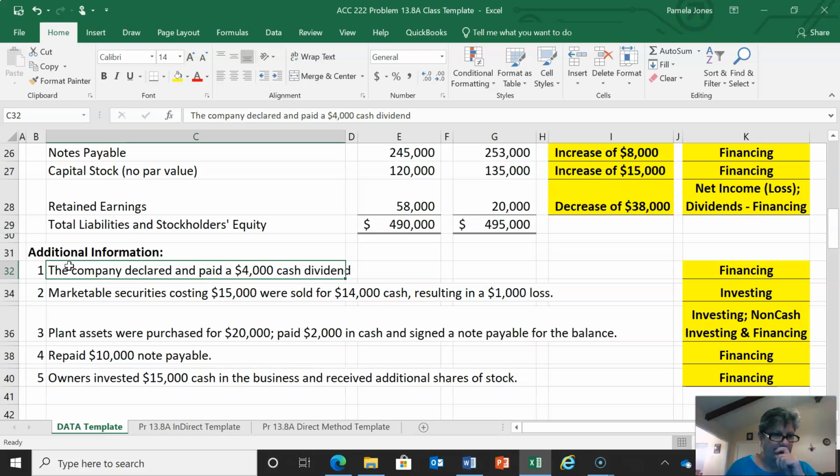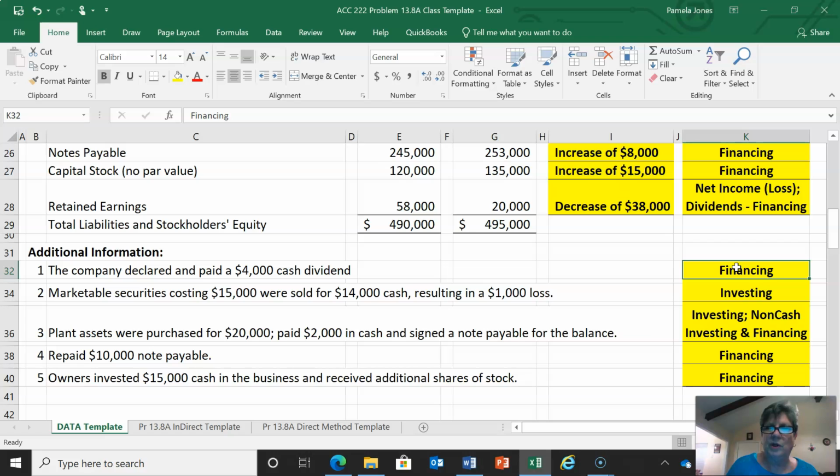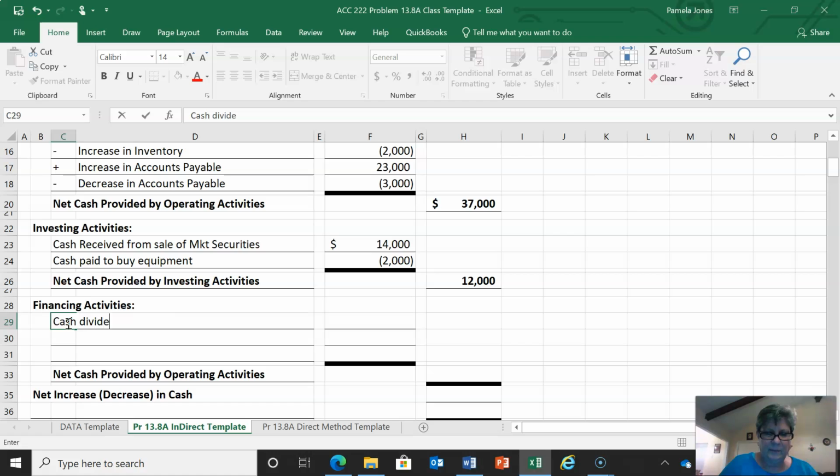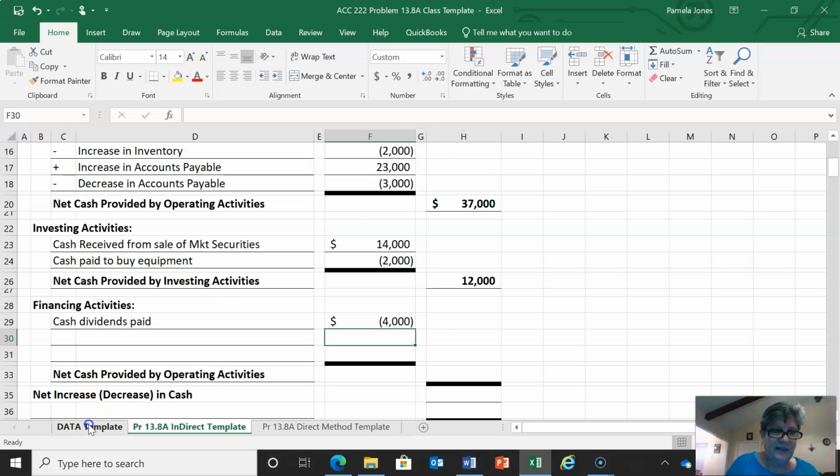It says that the company declared and paid a $4,000 cash dividend. Cash transaction with owners is a financing activity. So we'll come over here to our cash flow statement and list cash dividends paid. And that amount was $4,000 and it was paid, so it needs to be a negative. So we've got that in there.